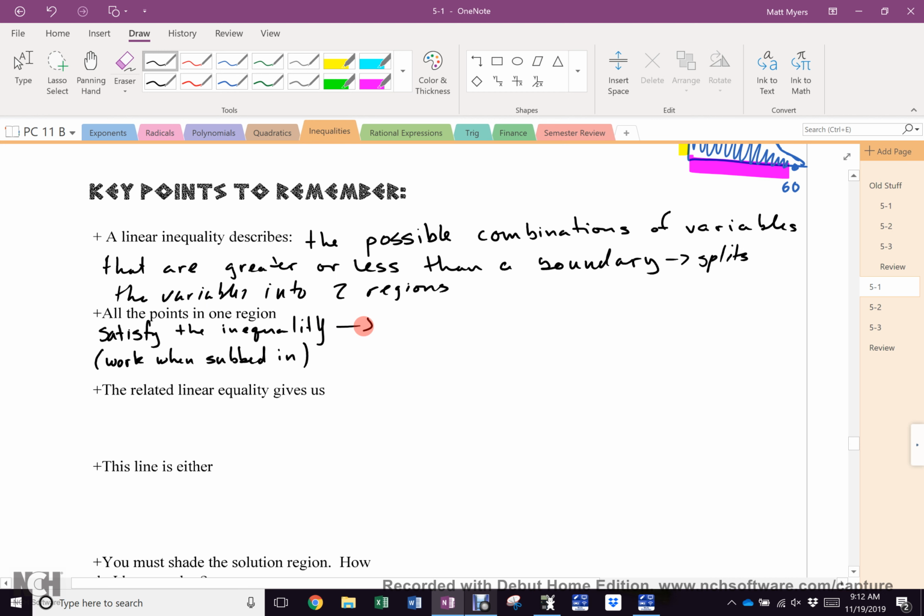All those points are what? What's the proper term we gave to the side where the answers live? If you need to flip back in your notes, flip back in your notes, because I'm going to be using these words throughout the whole unit. What do we call the region with all the answers?